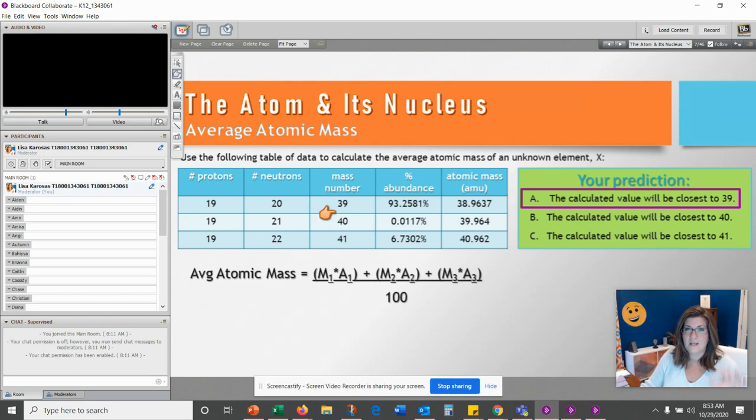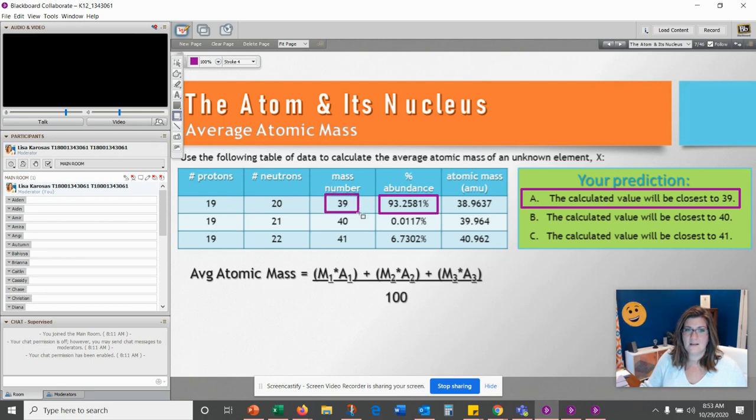But we can get more specific because this is a weighted average, which means the actual numerical average will be most similar to the mass number of the isotope with the highest abundance. So here, 93.2 is far outweighing the other abundances.